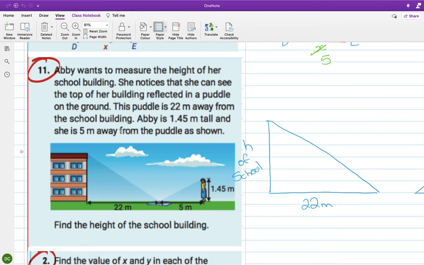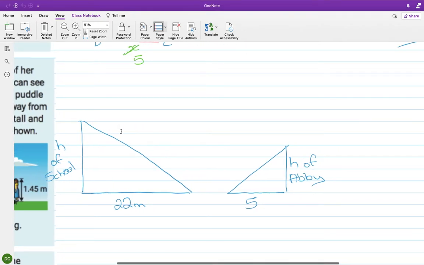So this is the height of Abby, and this is 5. And we know the height of Abby, sorry, there you go. Height of Abby is 1.45 meters.